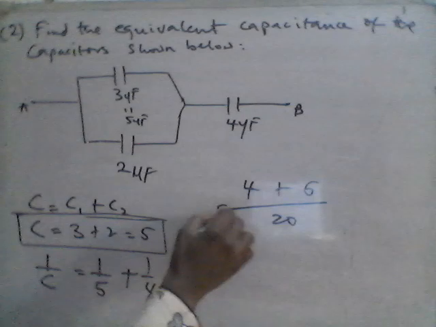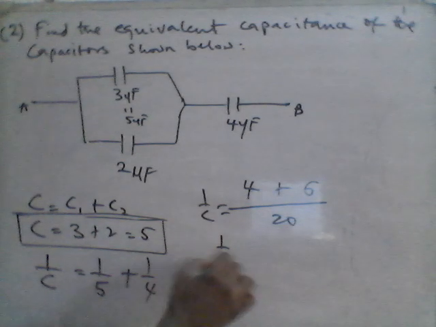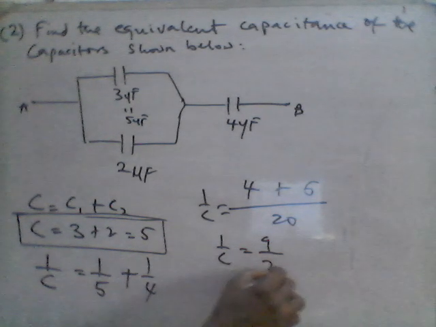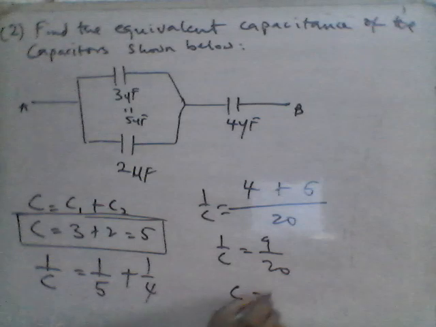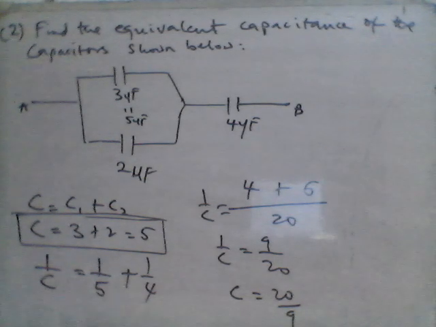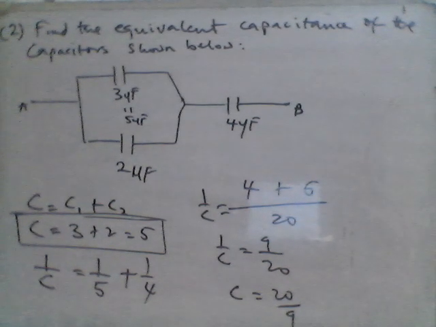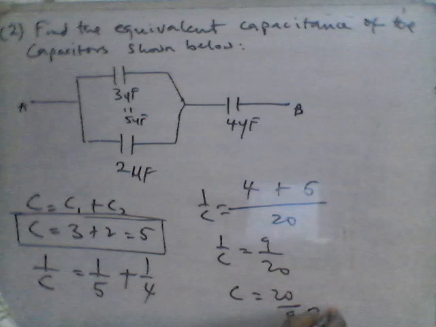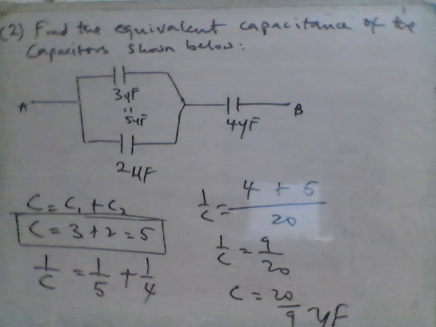So 1 over C is equal to 9 over 20. Then C is equal to 20 over 9. So this is the total capacitance, in microfarad, of that connection. Or you can leave it in fractional form like this, or call it 2.22 microfarad.